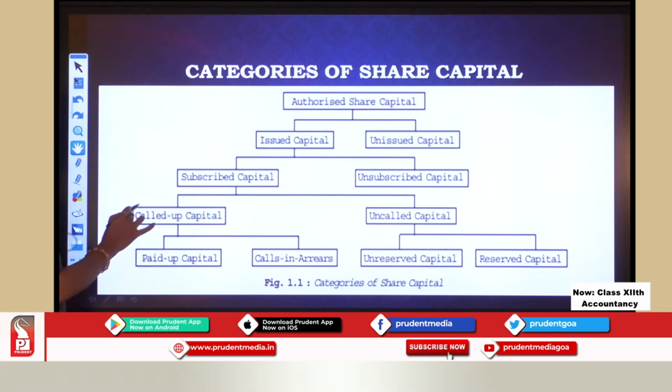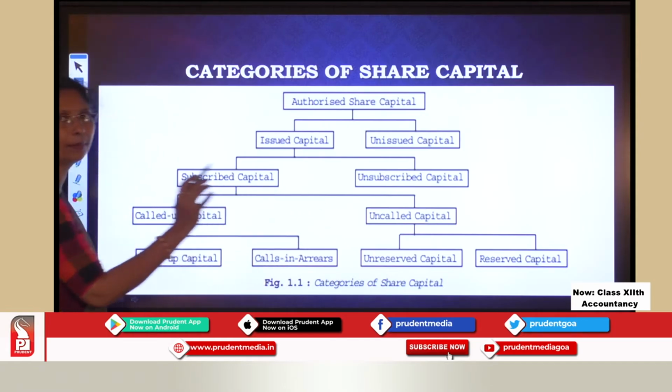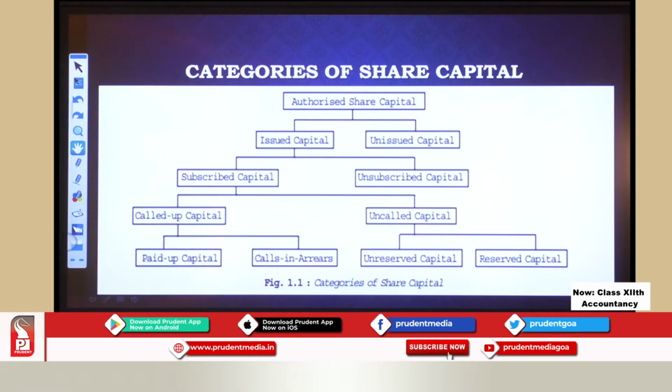Called up is what the company has asked the shareholders to pay. Uncalled up is company has not yet asked the shareholders to pay. Now called up capital, the company has asked you to pay. Now some people will pay, some people might not pay. So what is not paid is called as calls in arrears. So the calls are made but which are not yet paid till the due date is called as calls in arrears.